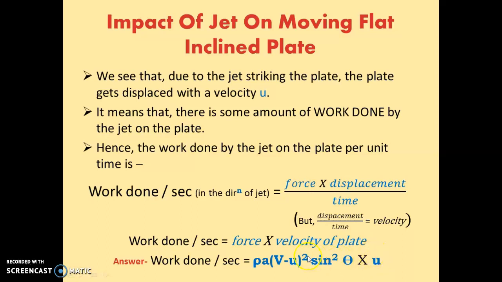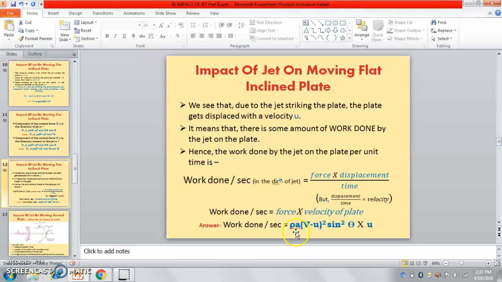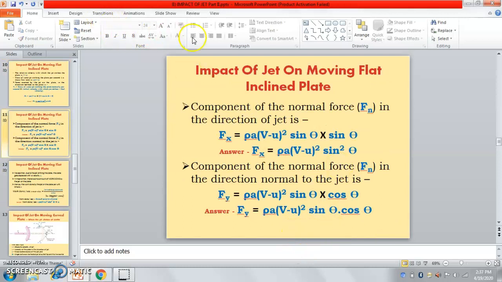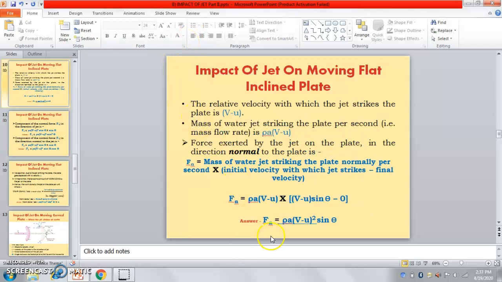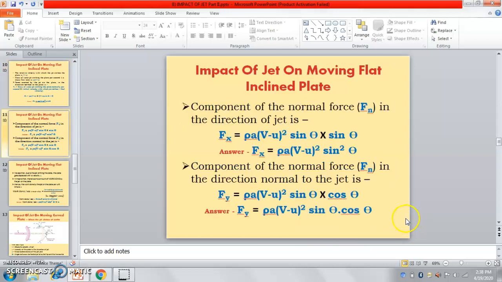So we have seen in this unit the normal force Fn is equal to rho a (v minus u) whole square sine theta. The normal force can be resolved into two components, Fx and Fy.